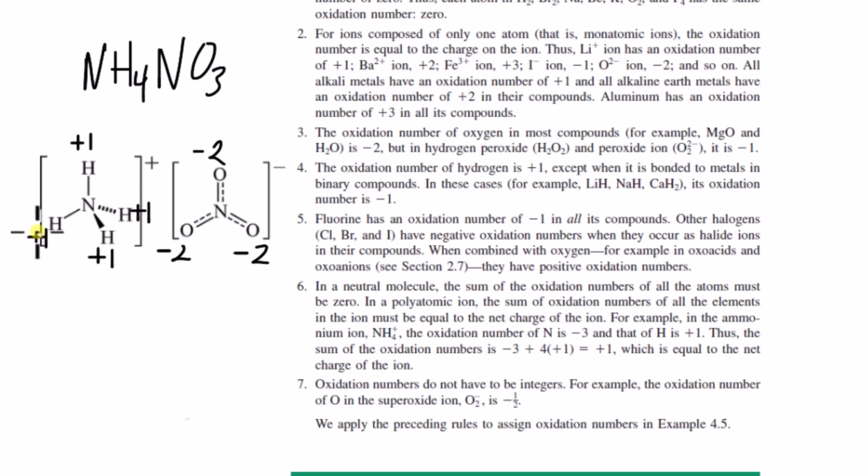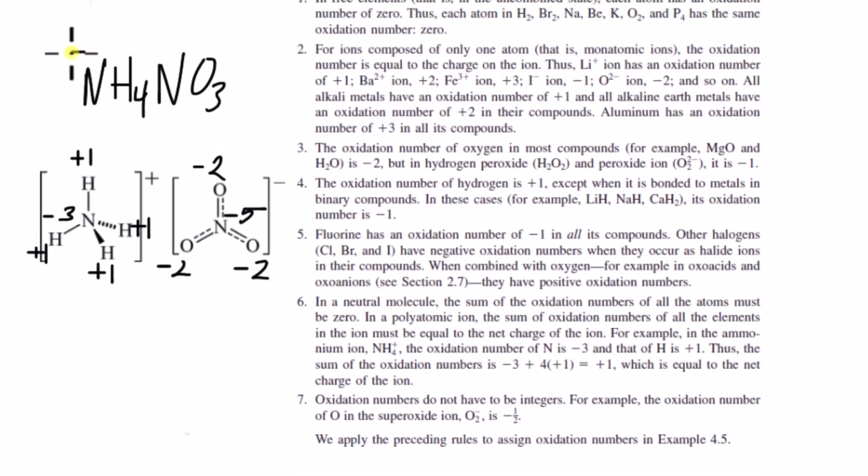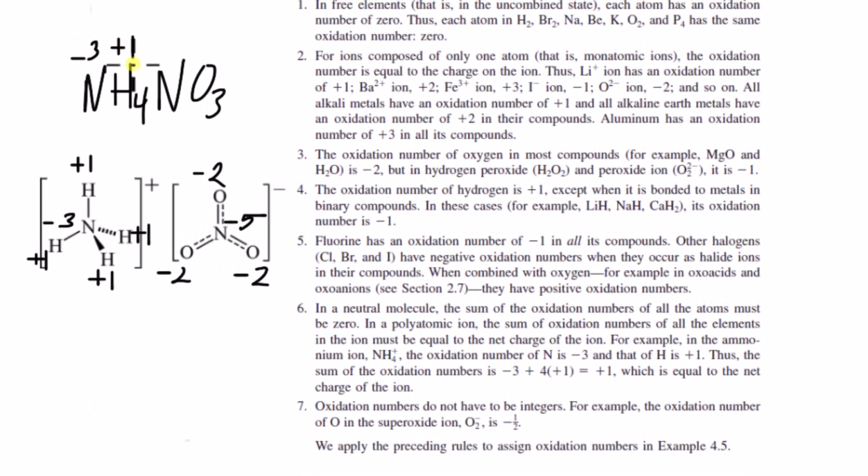So you have +4, and you need to end up with a +1. So the nitrogen oxidation number on NH4 plus is going to have to be -3. Here we need to end up with a -1. We have -6, so the oxidation number on the nitrogen here is going to need to be +5. And there we go. Okay, and so that's it.